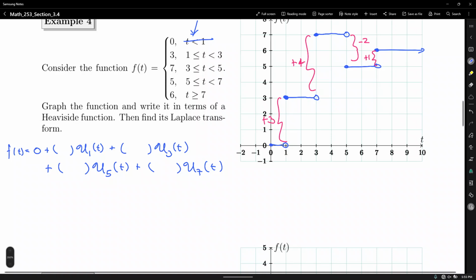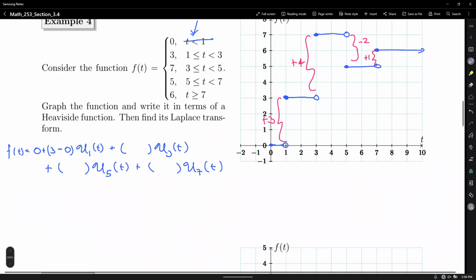What happens at 1? The 0 turns off, so that means we subtract 0 from whatever value we have to the right of 1, which is 3. 3 minus 0. And then what's next? Okay, let me make more space here.